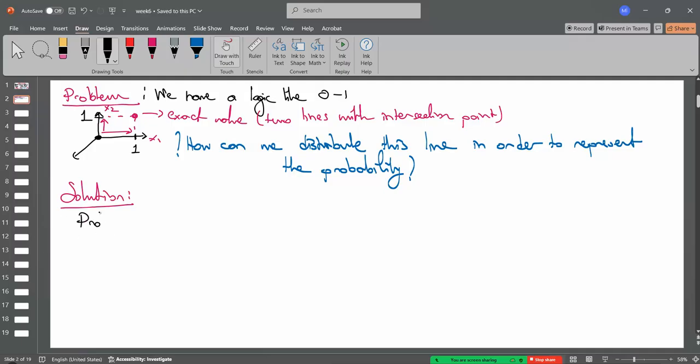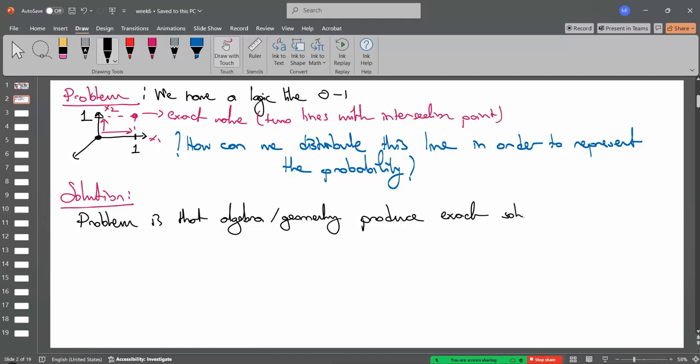The problem is that algebra and geometry produce exact solutions. But in real life, we don't have this kind of property.